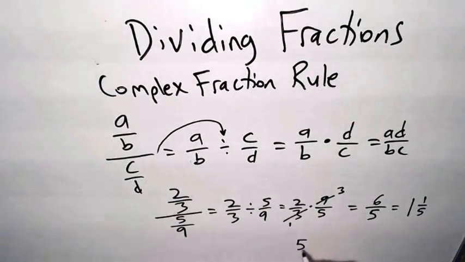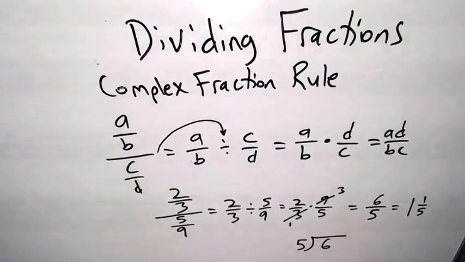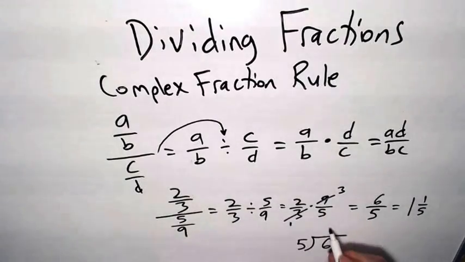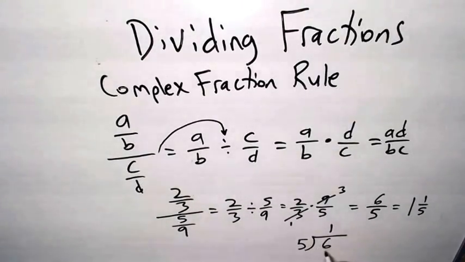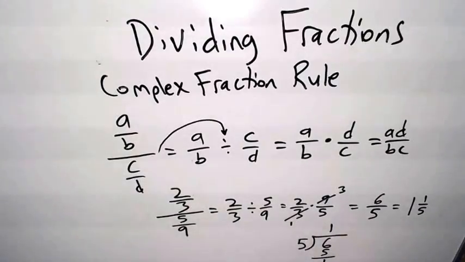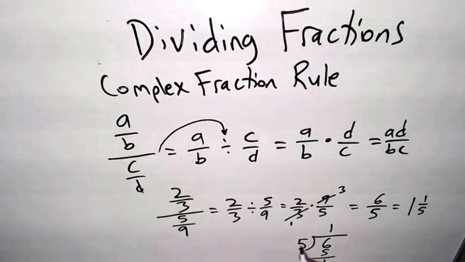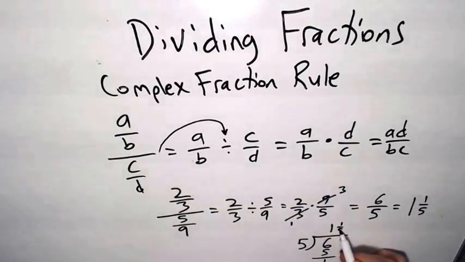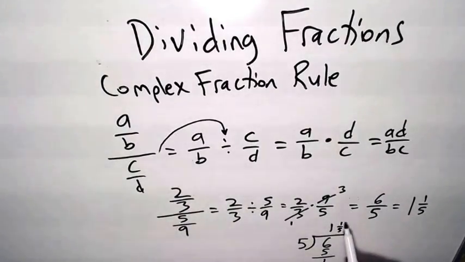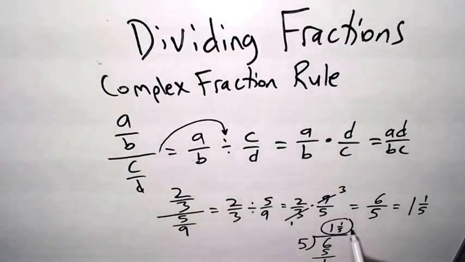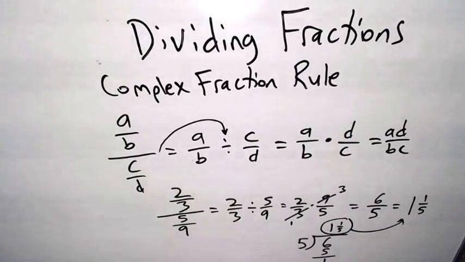Because if I do the long division, 5 goes into 6 one time, and 5 times 1 is 5. Remainder 1. So we put the 1 over the divisor, and that's how we construct a mixed number from an improper fraction. So this 1 and 1/5 is the answer.